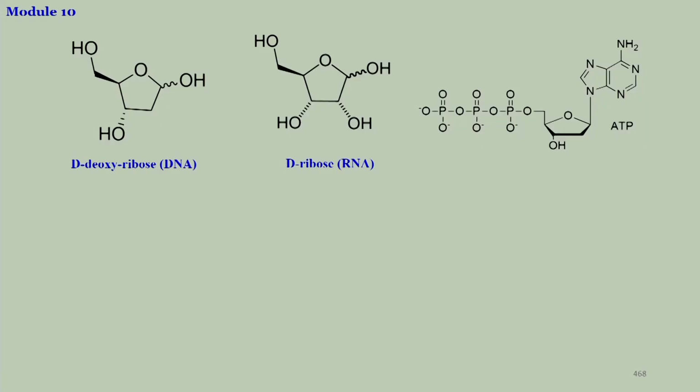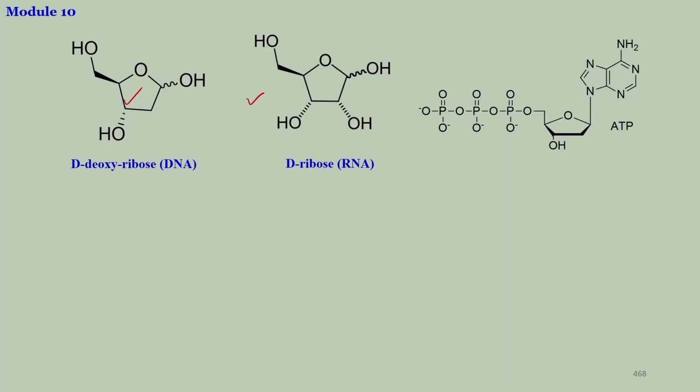We have seen DNA, constructed of the deoxyribose sugar, and RNA, constructed of D-ribose sugar. These are large biological macromolecules. Small molecules include ATP, adenosine triphosphate, and adenosine diphosphate, which are the source of energy in our cells.